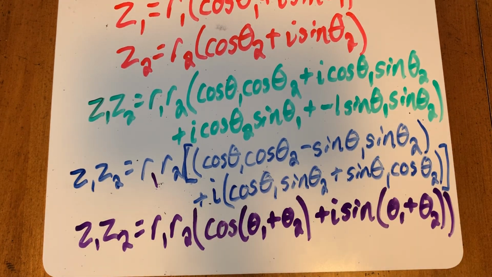So this is what you can do anytime you're multiplying two complex numbers in polar form. A very similar derivation would get you how to do it with the quotient.